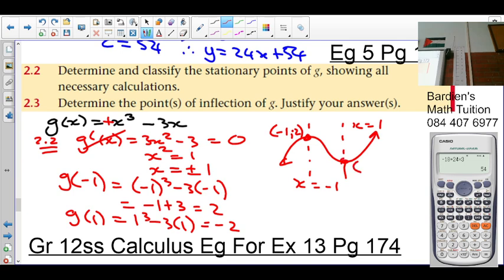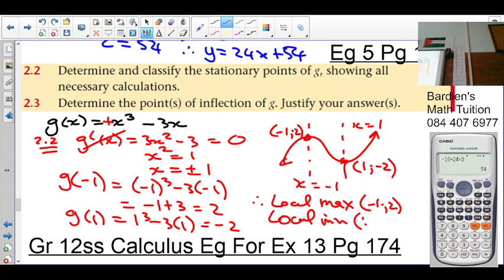So this point is 1 and negative 2. Therefore, your local maximum will be at negative 1 and 2, and your local minimum will be at 1 and negative 2. That sum is normally worth 4 or 5 marks.